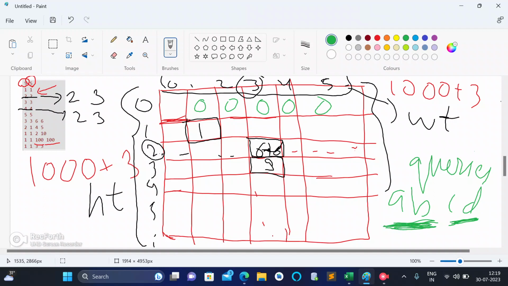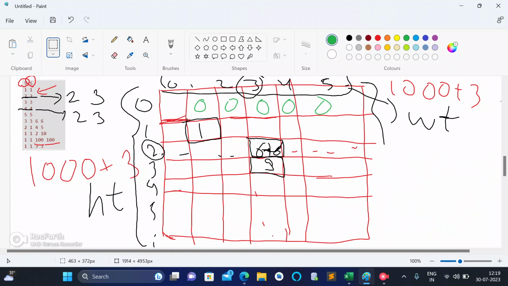So let's say in the query we are given AB and CD. Let me remove some section for clarity. Okay, so let's say the query given to me is 1 cross 2 and 4 cross 5.